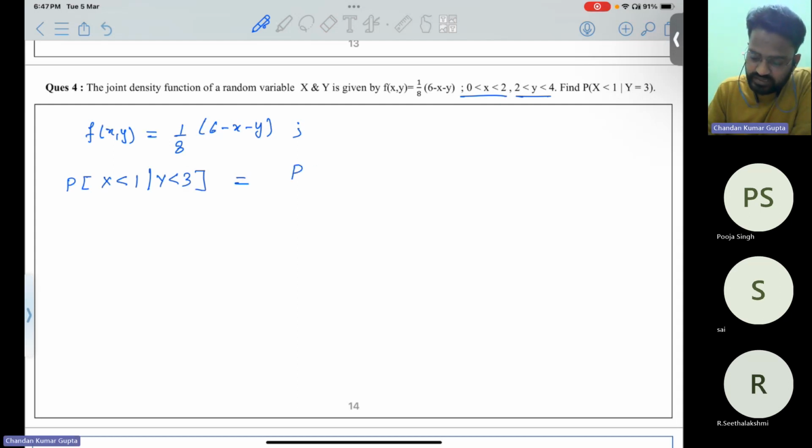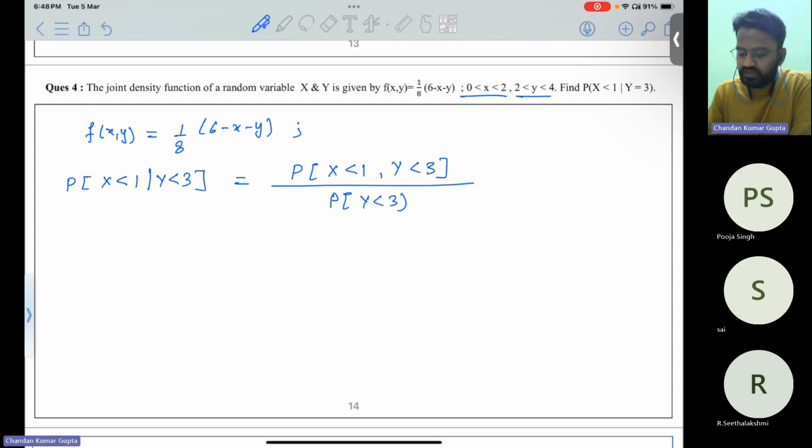That means it can be written as the probability that x is less than 1 and y is less than 3, divided by the probability that y is less than 3. We have a joint distribution, but we first calculate the marginal of y. So the marginal of y can be calculated like this.